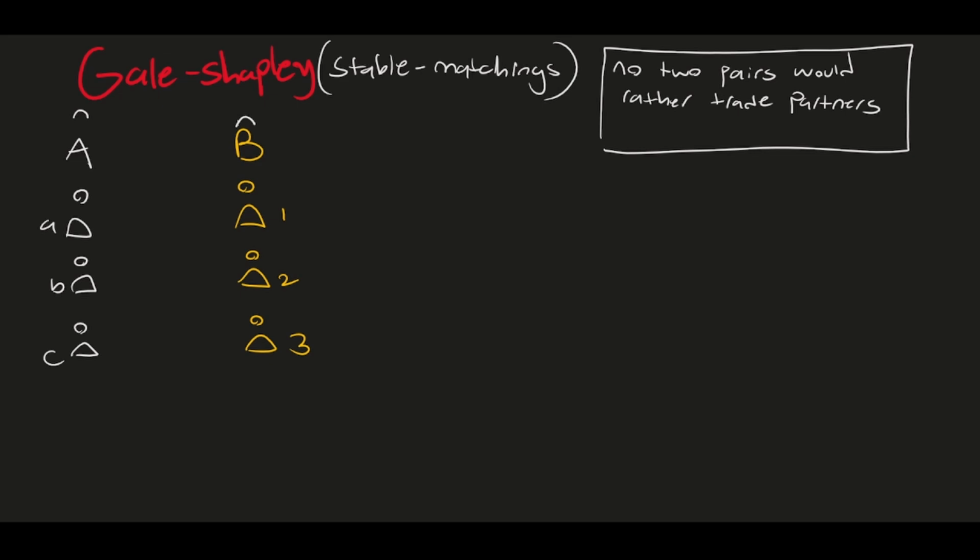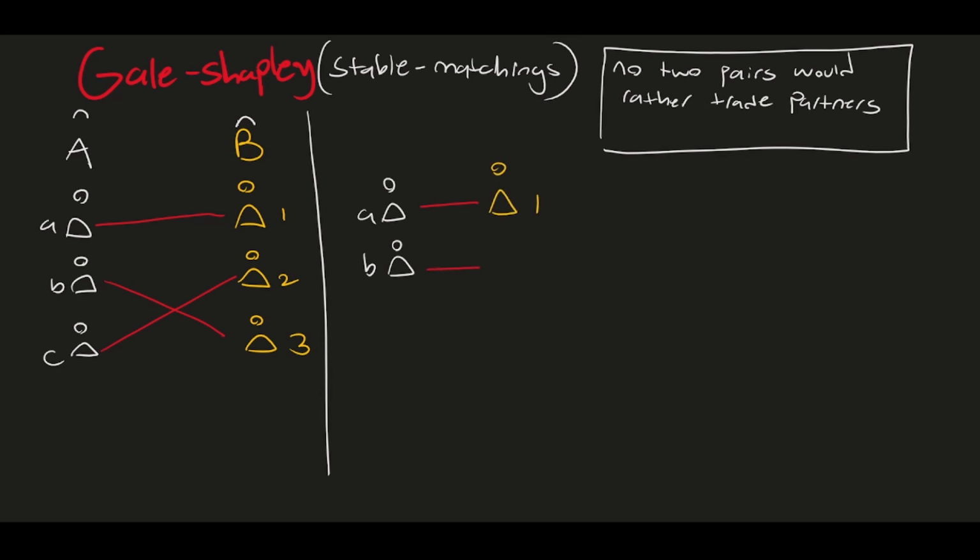This means, let's make an aside, say we have this connection over here: we have A and we have B, and A is matched with 1, and B is matched with 3.